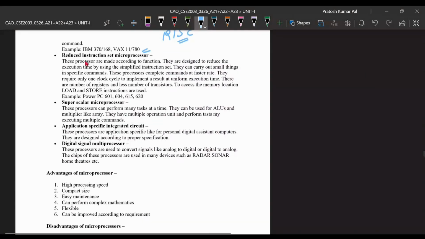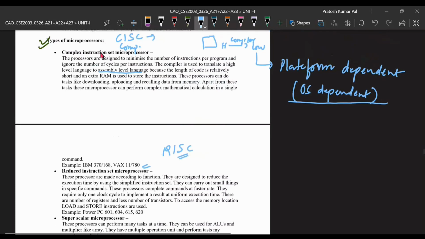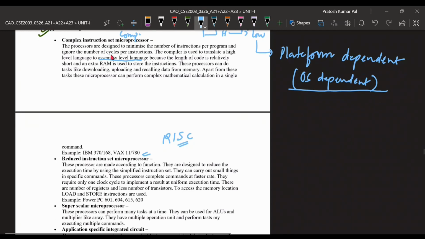Here in reduced instruction set microprocessors, as in the complex one we were reducing the number of instructions per program, which means we make the instructions complex, that is why it is a complex instruction.